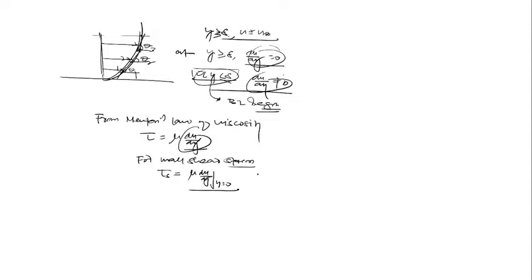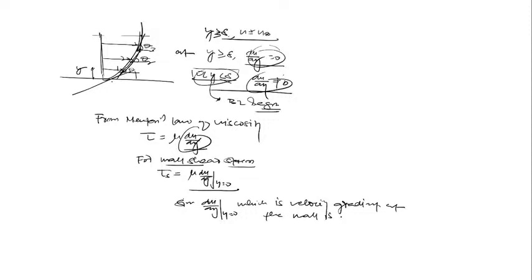At the wall we should write the gradient at the wall, meaning at y equal to 0. And du upon dy at y equal to 0, which is the velocity gradient at the wall, is a function of x.